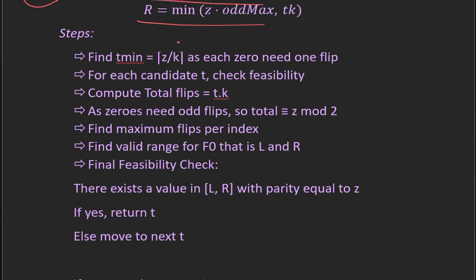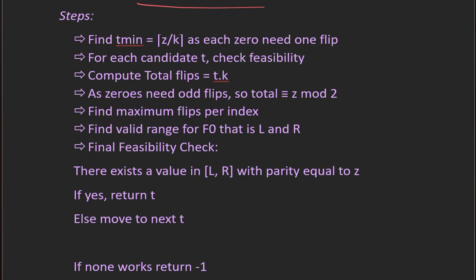So if we see the overall steps of this approach, what we have to do is find a t minimum, that is the minimum number of operations we require to convert all bits to 1. And then for this t minimum we'll check whether it is feasible or not, right? So how will we check? What will be the total flips?